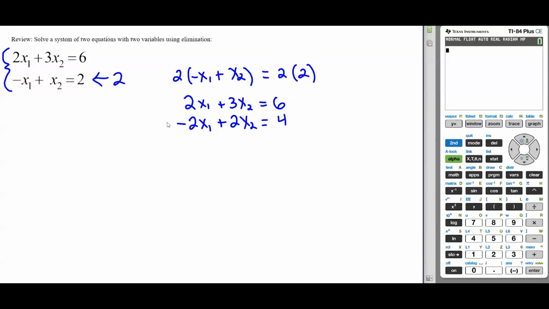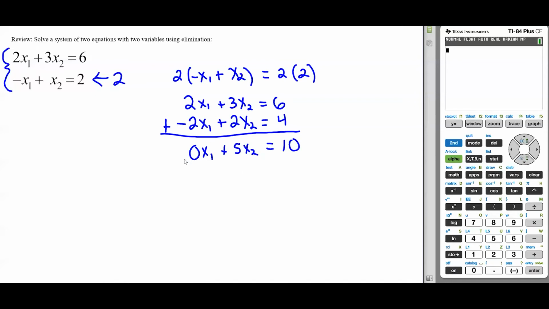And what you were taught in algebra is to make this a little addition problem. And 2x1 minus 2x1 is 0x1. So that eliminates that variable. 3x2 plus 2x2 is 5x2. And 6 plus 4 is 10.